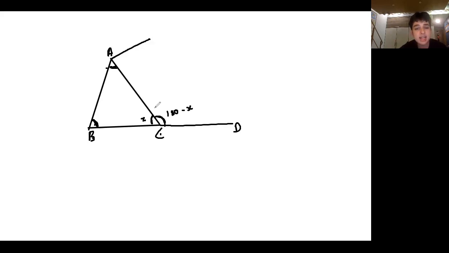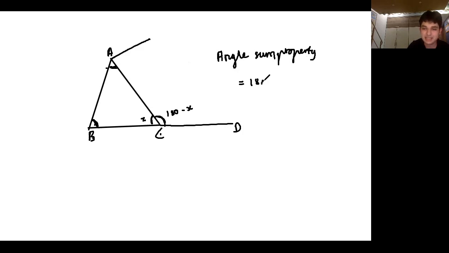So in this case, this works. Now these two angles and this angle X, there's a property which is called the angle sum property of a triangle, which says that all the angles in a triangle add up to 180 degrees.